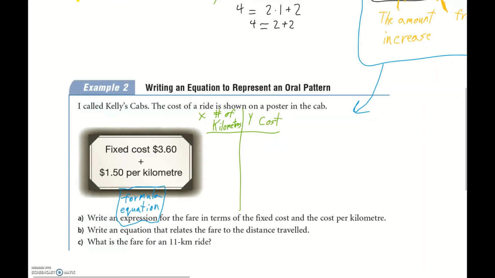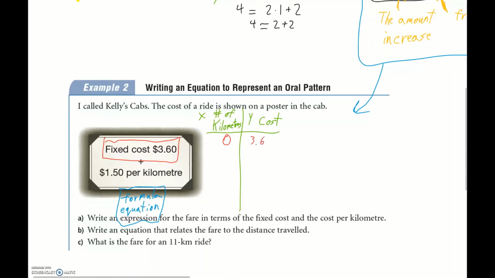Okay, so let's say we go 0 kilometers, how much do we have to pay? Well, it says there's a fixed cost of this much, and this much per kilometer. So we don't have to pay for the number of kilometers because we've gone 0 kilometers, but we still have to pay the fixed cost.